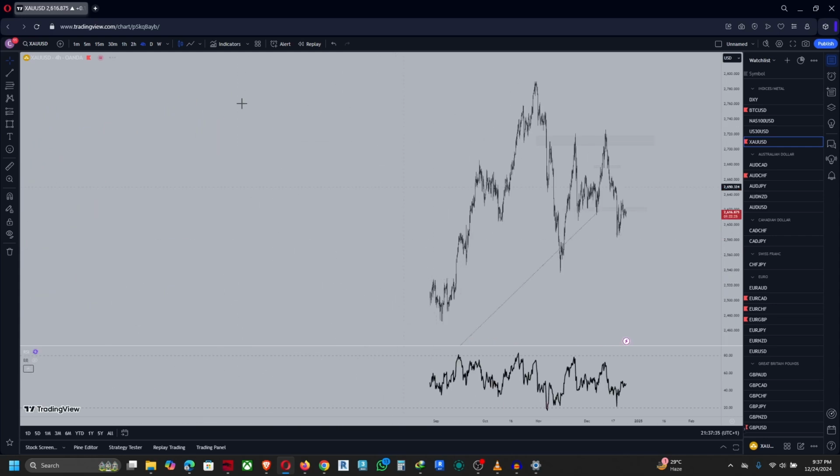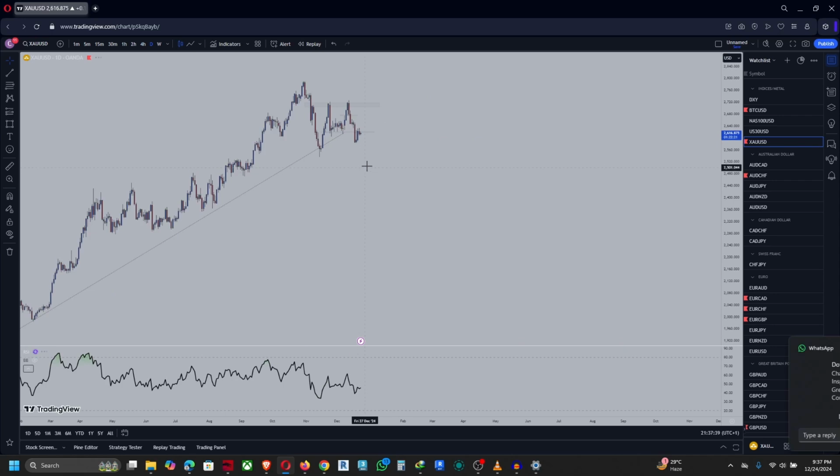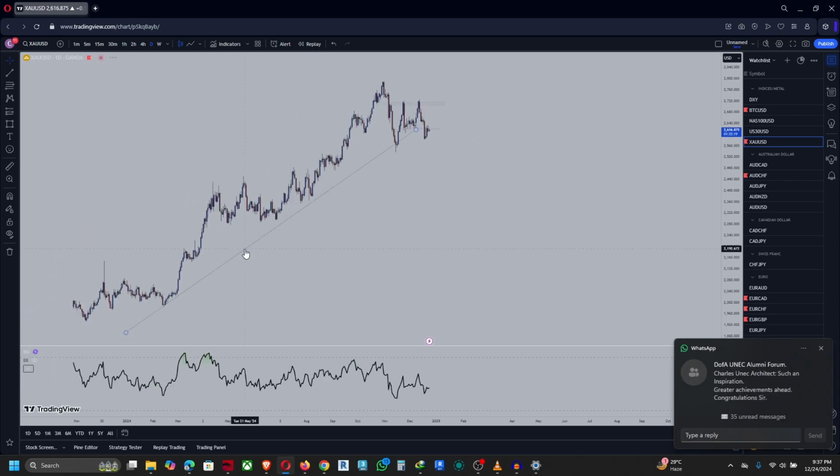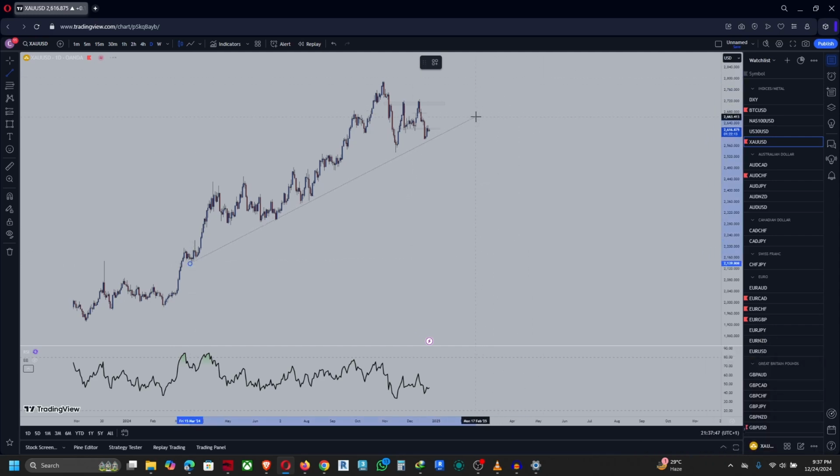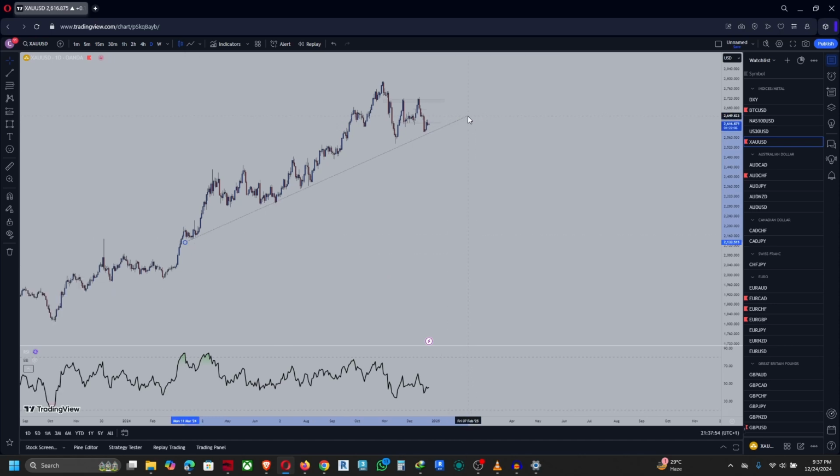Let's go to the daily, and let's delete this trend line for now. Let's draw it this way. So we have price now at this trend line point.